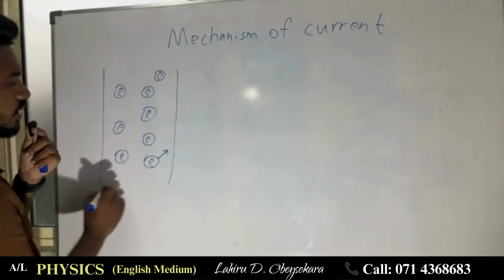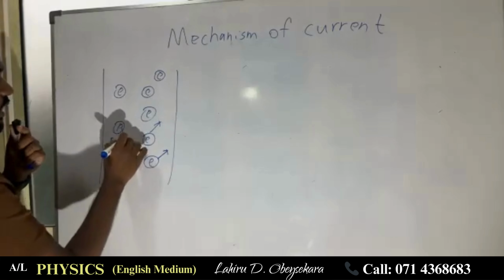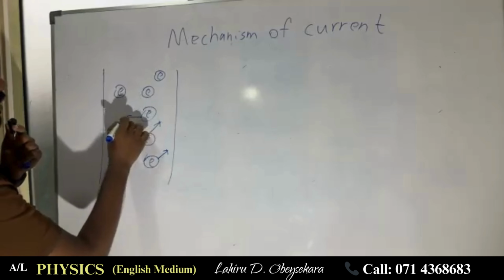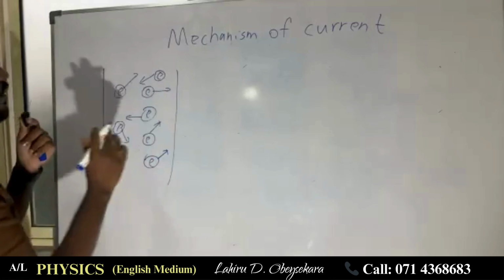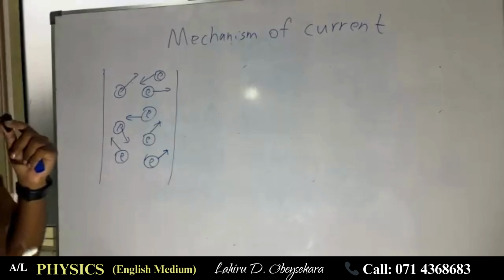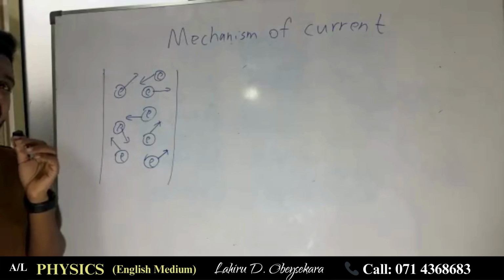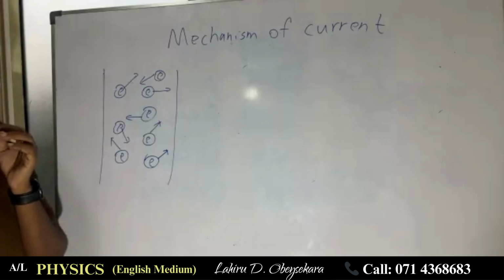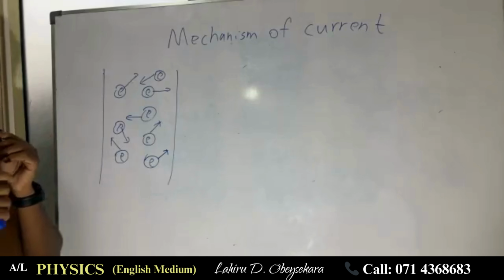Let's assume this one has this velocity, this one this velocity, and this one has a velocity downward and this one to the right side. So when we consider this metal piece, the electrons in it have no unique direction. Each one has its own direction.